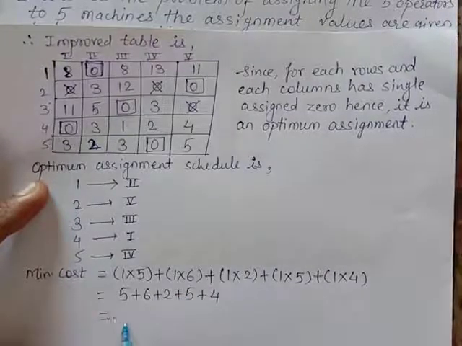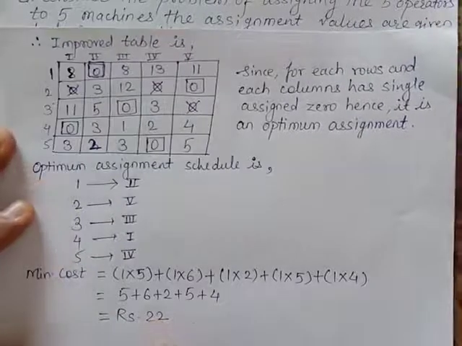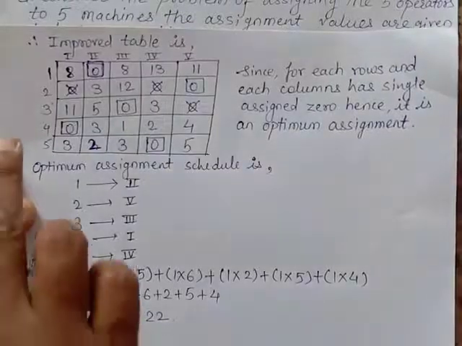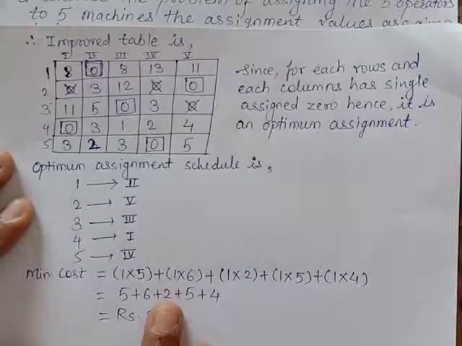This is the minimum one, so it is rupees 22. This is the minimum cost for assigning these operators to these machines. As such, this problem is solved.